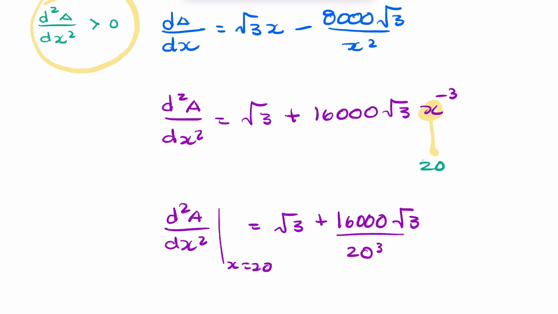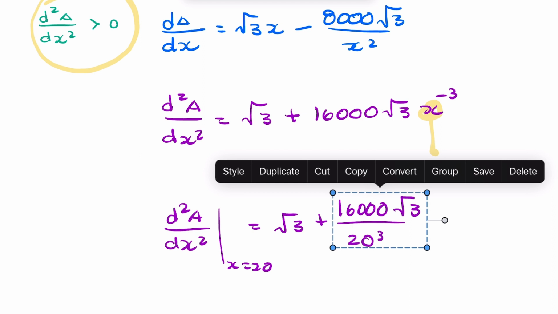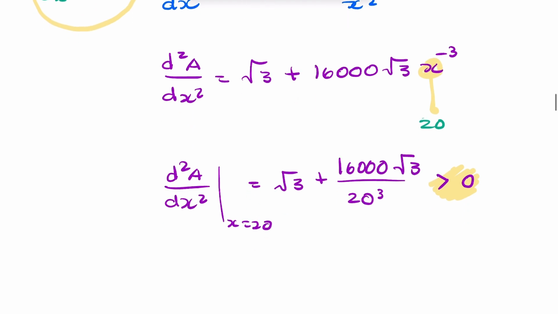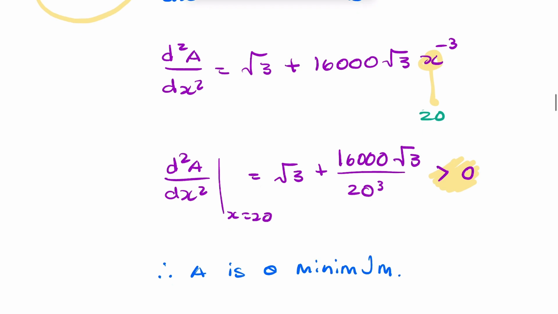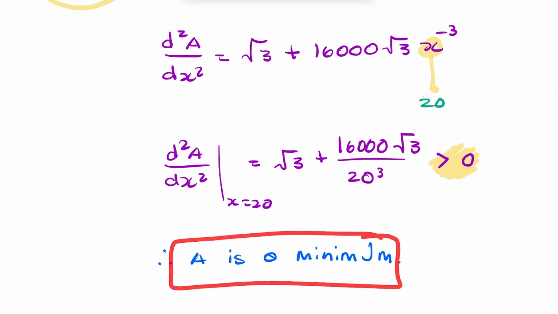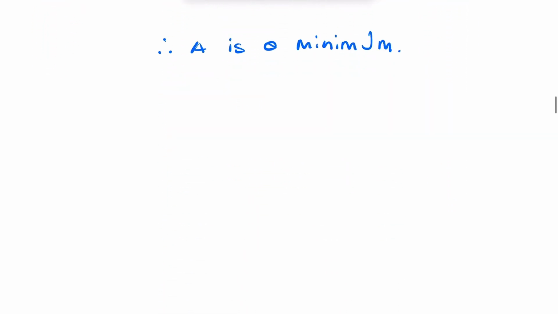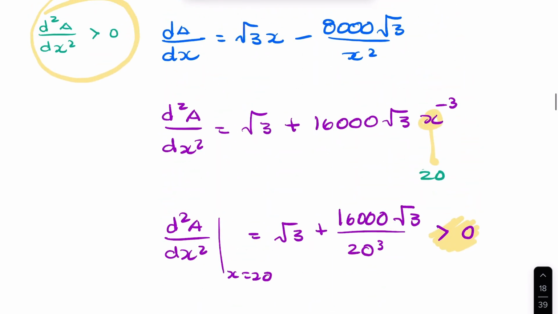And that, well, this is positive and this is positive. Therefore, when you add them, you're going to get something which is positive. And you can then say, therefore, A is a minimum. So the condition for having a minimum is that the second derivative is positive. And I think that's the end of this question.